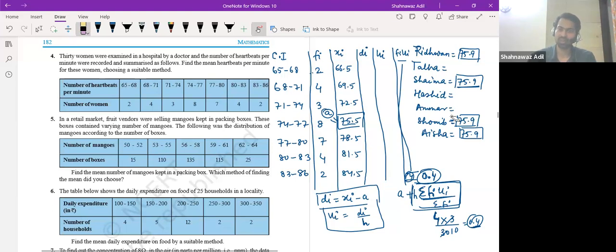75.9. Oh, so everybody got 75.9. So Amar, only you and Talha are left. So are you taking some medicine, Amar? Are you crying? I thought that Shaiba told her marks and then she started crying. Sorry, Shaiba.